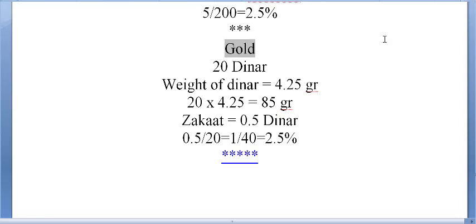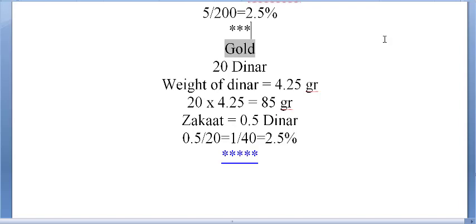There is one point. At the time of the Prophet ﷺ, the dirham and the dinar were neck and neck, equal, and equal in price. But today silver has dropped a lot and gold has gone up a lot.